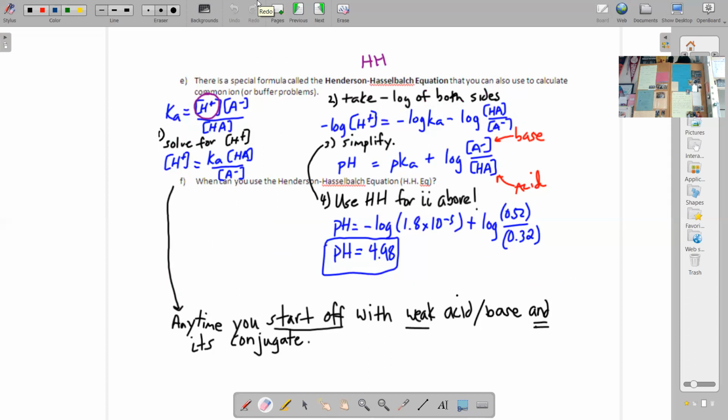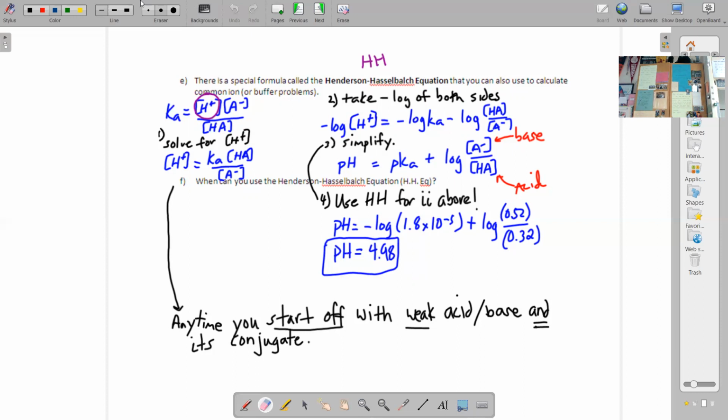So pKa plus log what over what? What's on top? Base over acid. And I will warn you, you will see Henderson-Hasselbalch written different ways because you can manipulate the math differently. But if you remember that pH equals pKa plus log of base over acid, every time, all the time, you are always right. Is that all right?